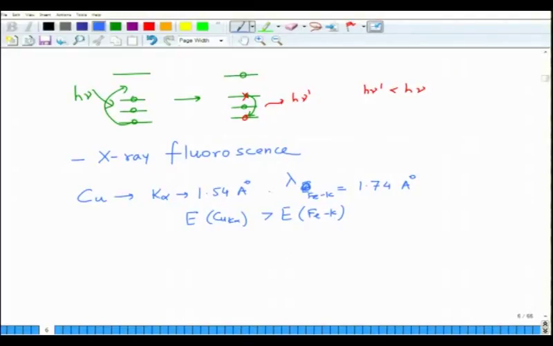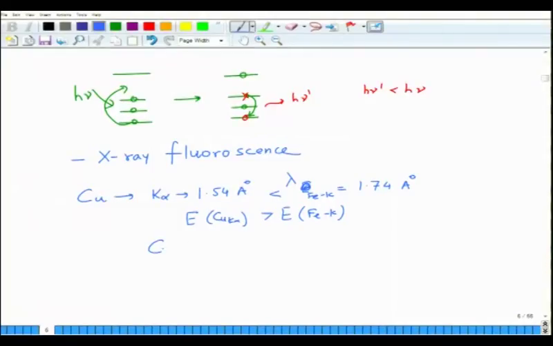because this lambda is lower. This means when you bombard iron with copper, copper has the capacity to excite the K electrons in the iron, which means it will create a lot of secondary X-rays.